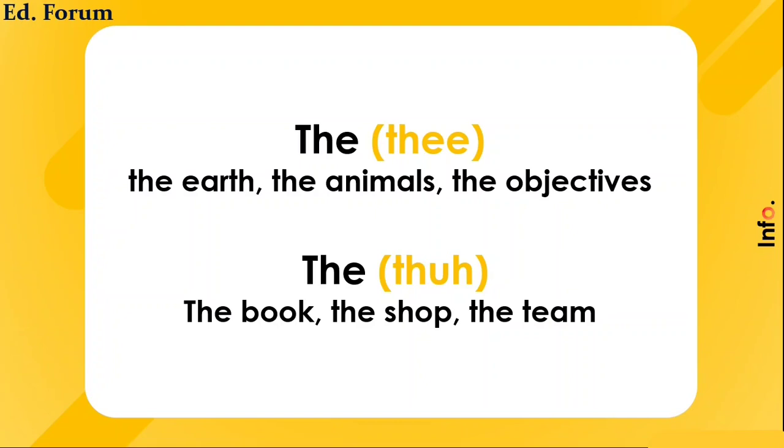So we pronounce the with a vowel sound when our noun has a vowel sound. For example, the earth, like this. The animals, right? The objectives, okay?